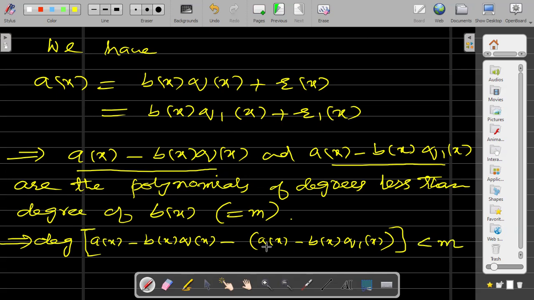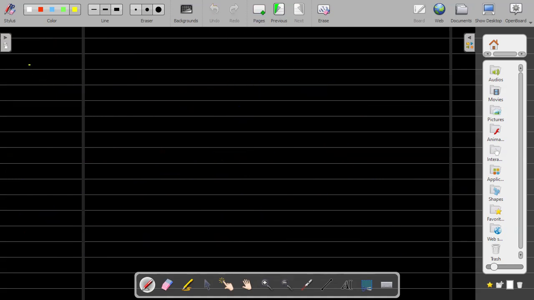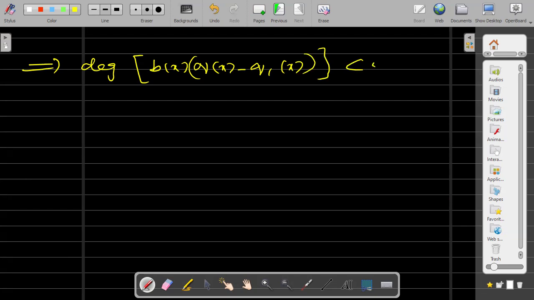And in this difference, a(x) cancels out, so we'll have degree of b(x) times q(x) minus q1(x) is less than m.